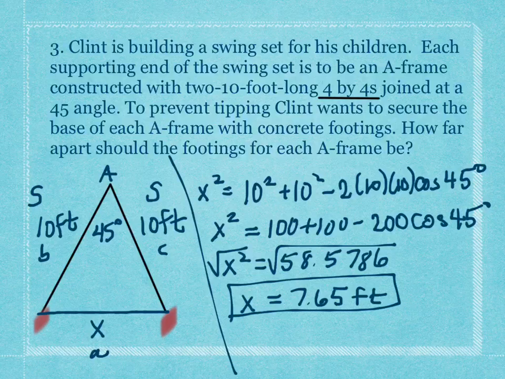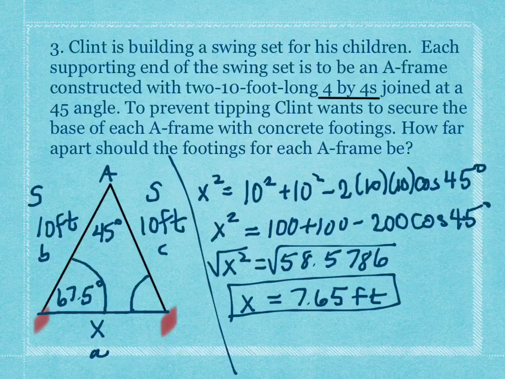Now, pause for a moment and make sure that makes sense. So Alex just told us that these base angles, what were they, Alex, 67.5? Okay. These are 67.5. You get the same thing when you do sine? Yes. So these two right here at 67.5 are the angles that are opposite the sides of 10 feet, right?